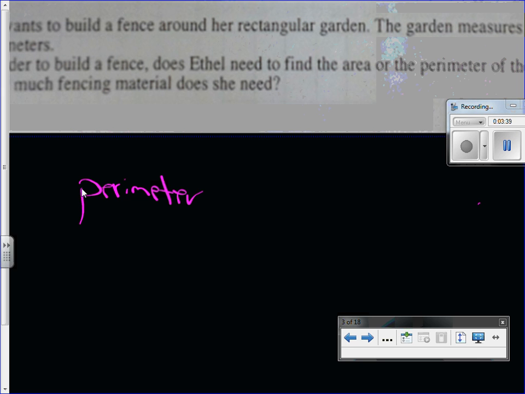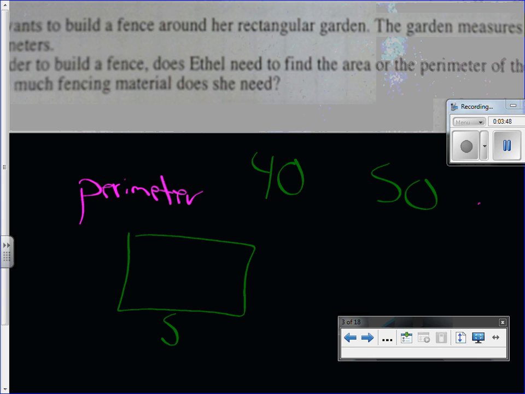So I'm working with 40 and 50. So this is what my garden looks like. Got a 50 here, got a 40 here. I want to build fence around it, so I'm going to have a 40 over here, and I'm going to have a 50 here. Meters or feet? We're dealing with meters, so that's my unit.